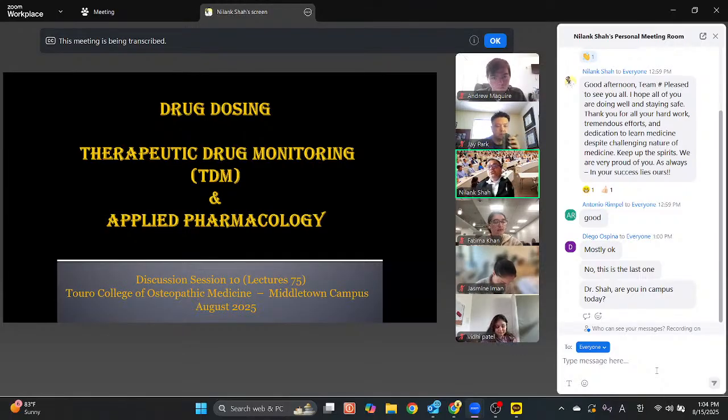Again, there are certain drugs in which you cannot quantify the response. The response of these drugs is not quantifiable, not measurable, not visible, and their therapeutic index is very low. The margin of safety of those drugs in practice is very low.